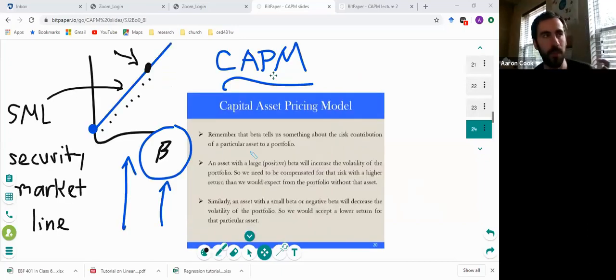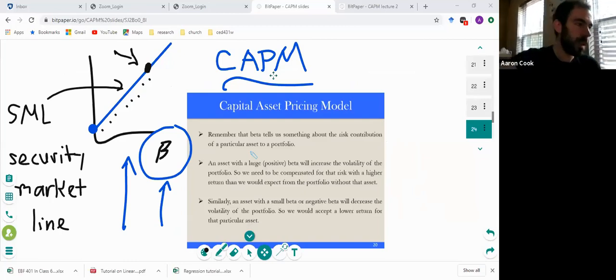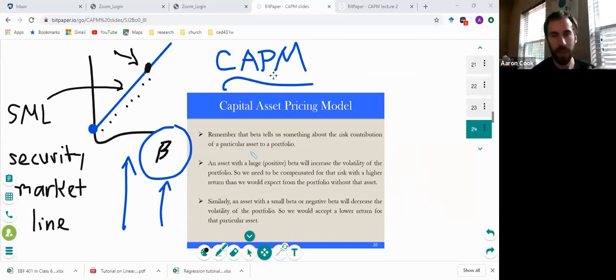So the example that I just gave with the Sharpe ratio, again, that's combining a risk-free asset with only one or two different individual assets. Now we're going to think about combining a risk-free asset with an entire market portfolio. You don't just have one or two assets to choose from.